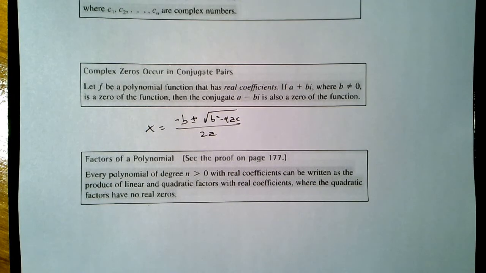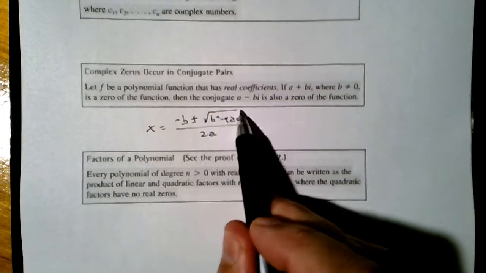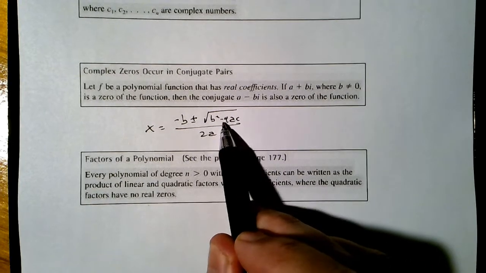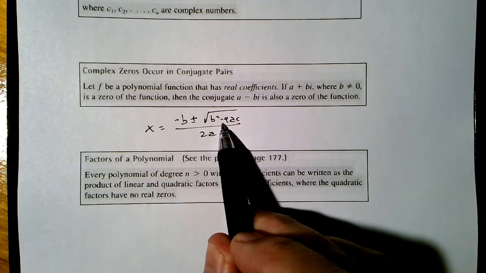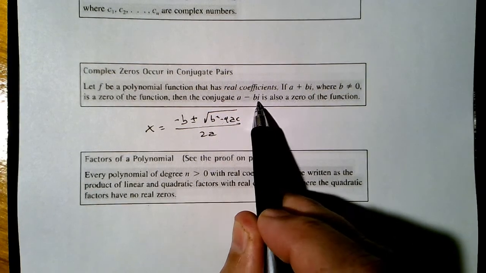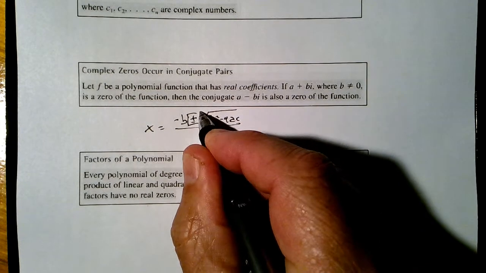And if you look at that, where are we going to get imaginary numbers other than in square roots? If this is a negative inside of the square root, then we get imaginary numbers, and look what's out in front of it.